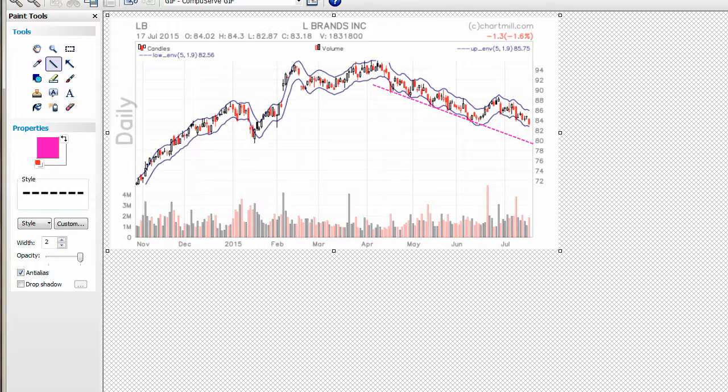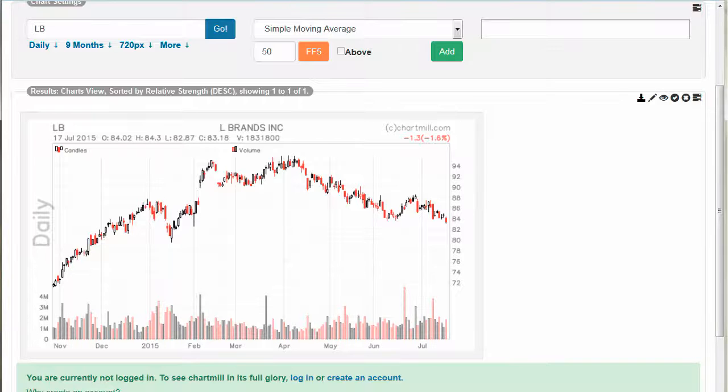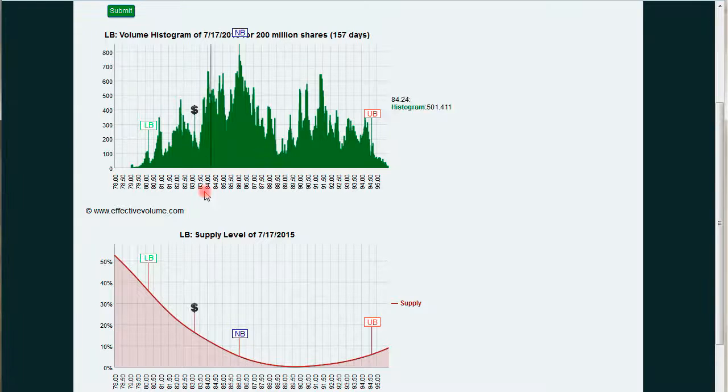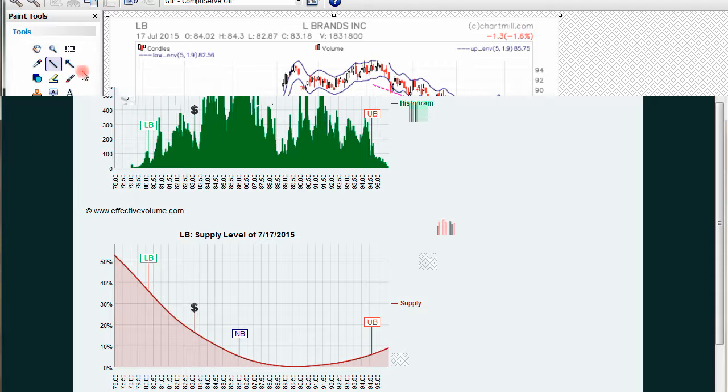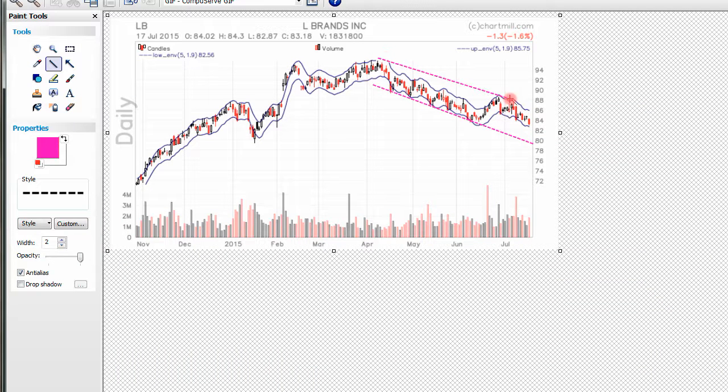If you come back to the supply level, which is here, you see that the lower boundary here is about 80. Okay, so it's a right price, but the higher boundary here, if you draw the line here, you see it's not 94, it's about 86.